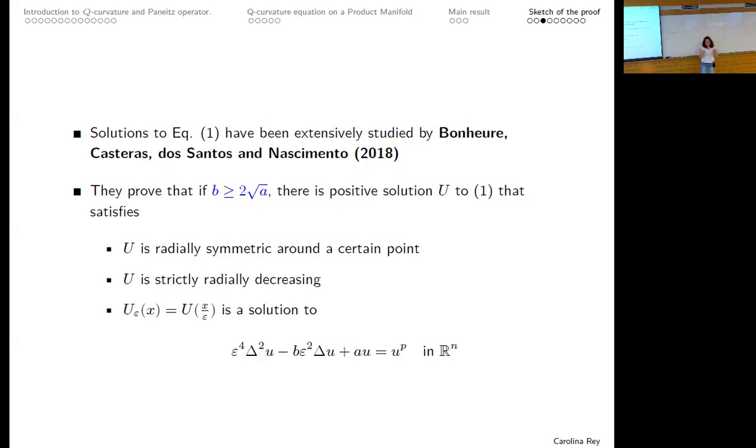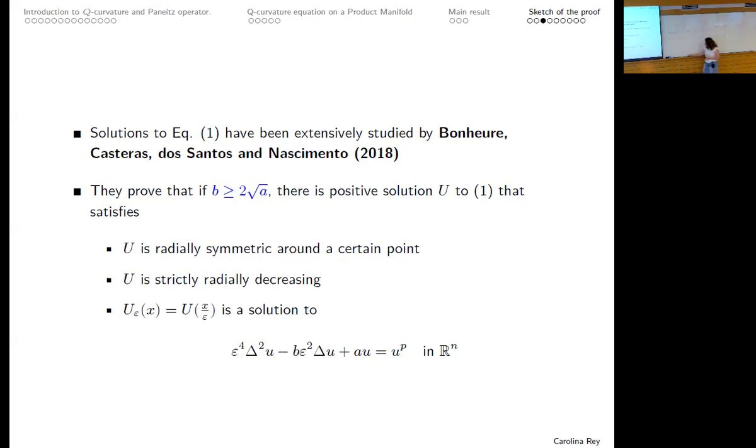And moreover, all its derivatives have exponential decay. And if U sub epsilon is given by U in x over epsilon, then this new function U epsilon is a solution of our equation, but in the Euclidean space. So it's very close to our equation.